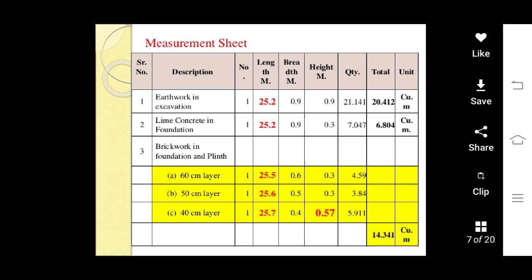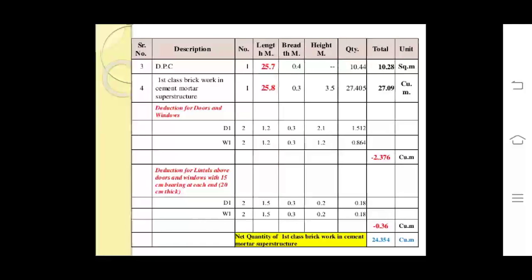The earthwork in excavation is 20.412, lime concrete in foundation is 6.804, brickwork quantity below ground level is 14.341 cubic meters, DPC course is 10.28 square meter, and the first class brick in superstructure has quantity of 27.09 cubic meters.